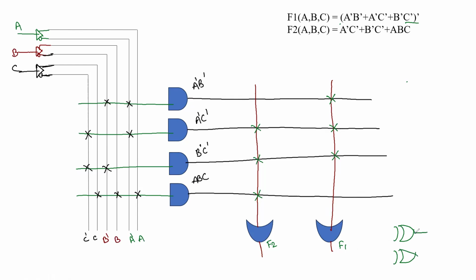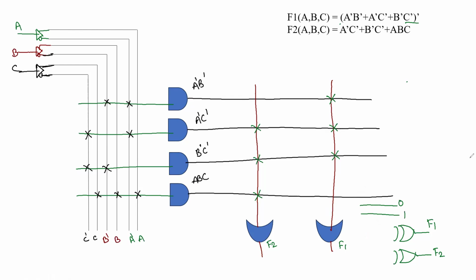So this is going to give us F1 and we give the connection like this. This is going to give us F2. So now here we are going to give the input. One input will be 0, another input is 1.